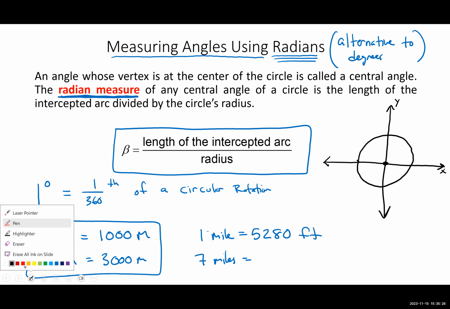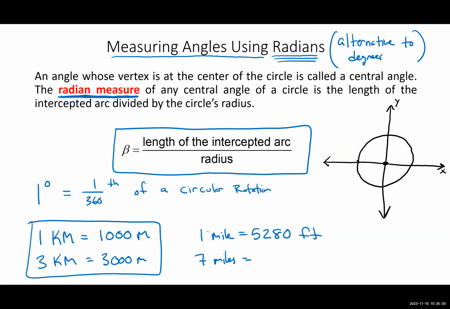We've talked about what it means for an angle to be in standard position. One of the rays is on the positive x-axis. The other ray is somewhere else. And then the rotational distance between the two is the angle. In this case, we're calling it beta.